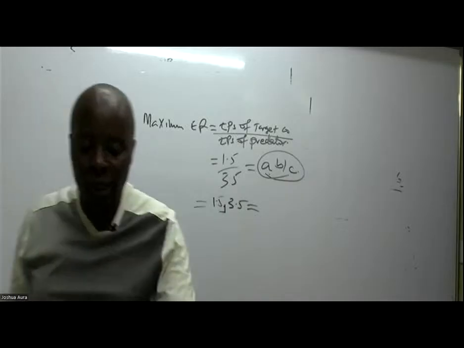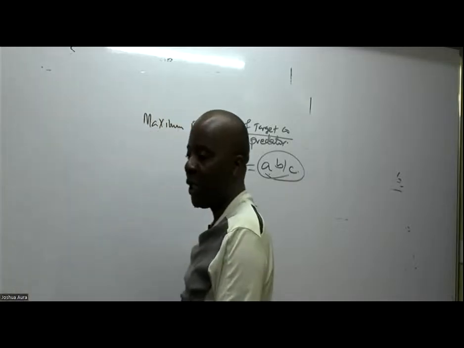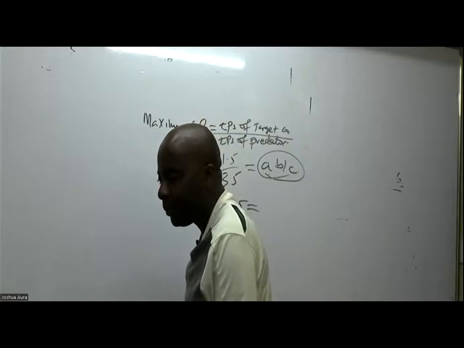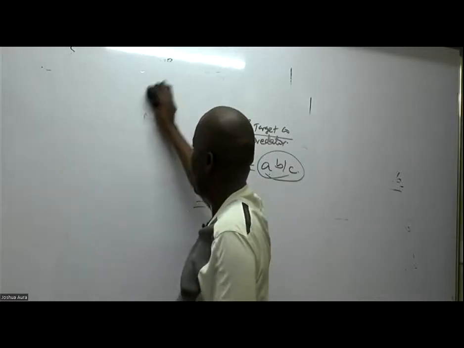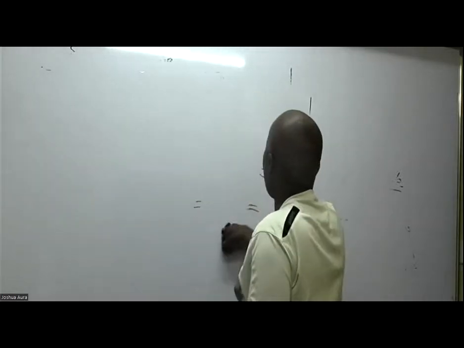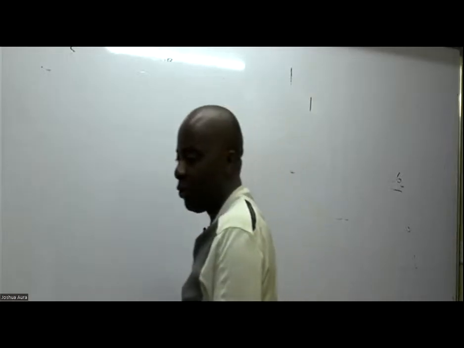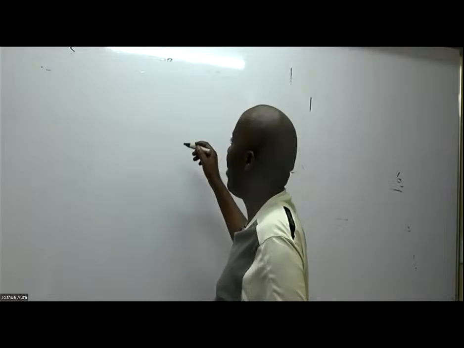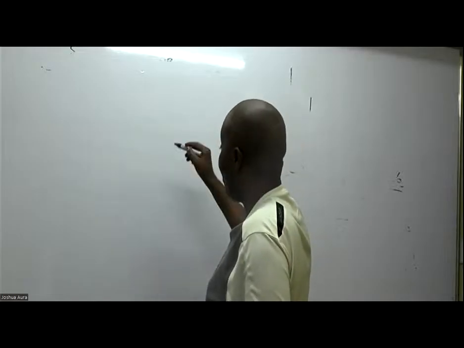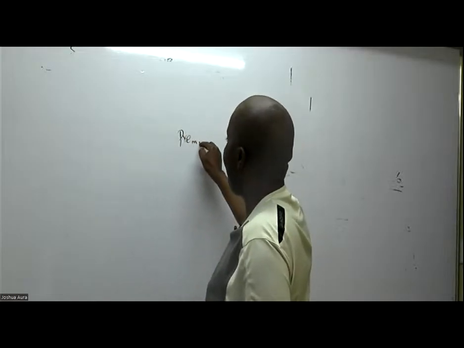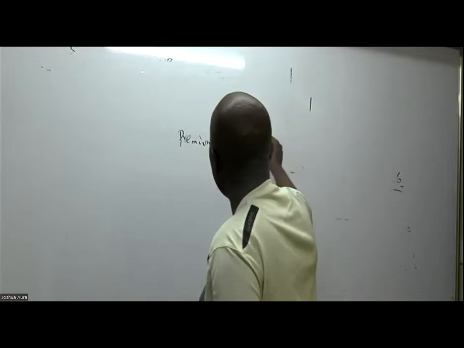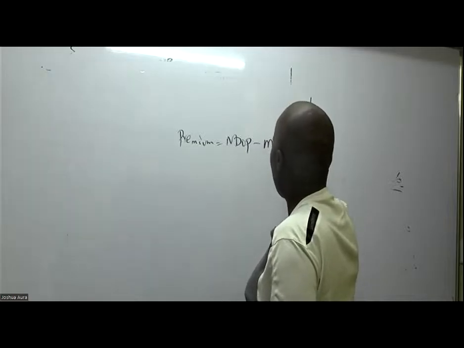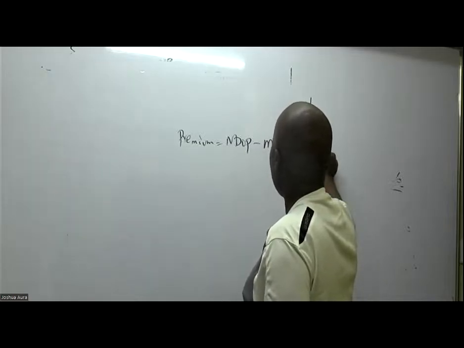What I'll do to get the total premium, first of all, I'll come and remember the formula. So premium will be DOP minus what here? MPS of the target company.